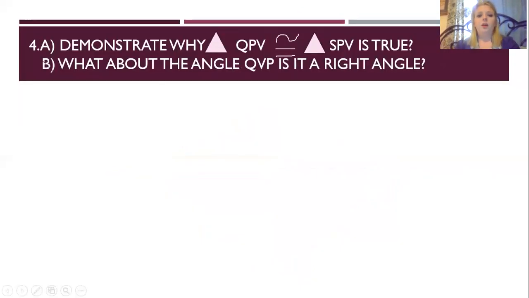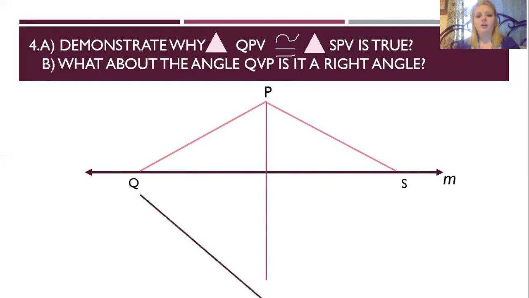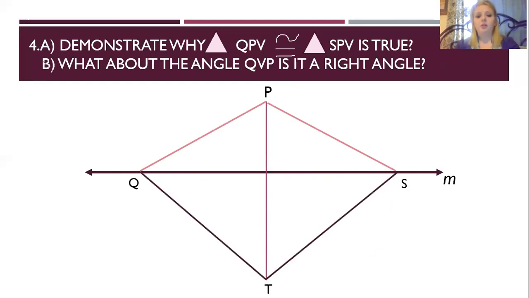Next, we're going to demonstrate why triangle QPV is congruent to triangle SPV is true. So again, here's our line M. Here's our P. And again, this is the same figure. Okay, so these lines are going to be all congruent, just like last time.